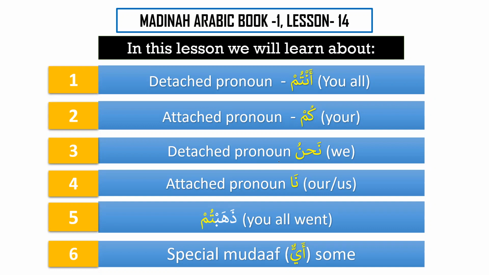Then we will learn the detached pronoun nahnu, which is the plural of ana, and the attached pronoun na, that means our. And the verb that we will learn for the plural is dhahabtum, you all went, and a special mudaf ayun, that means some.